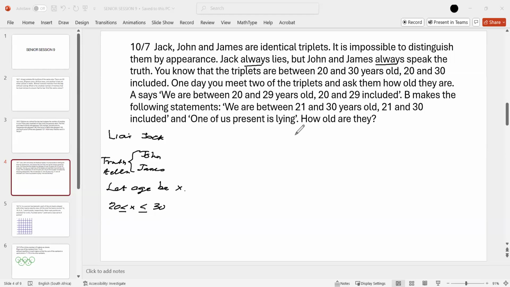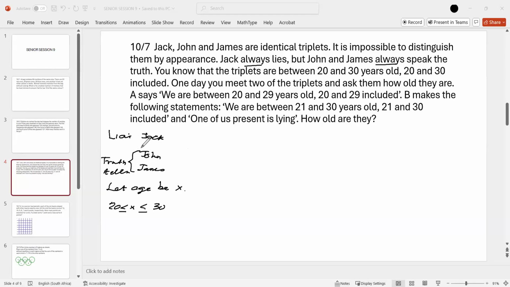One day you meet 2 of the triplets and ask them how old they were. You don't know which 2. So both could be speaking the truth, but you can't have both speaking lies, because there's only one liar and 2 truth tellers.